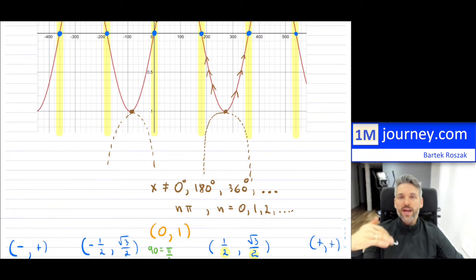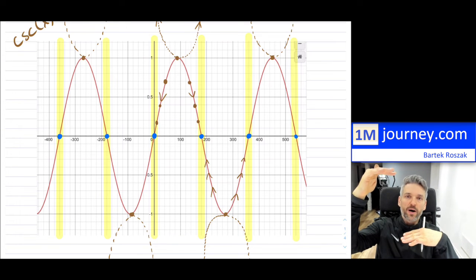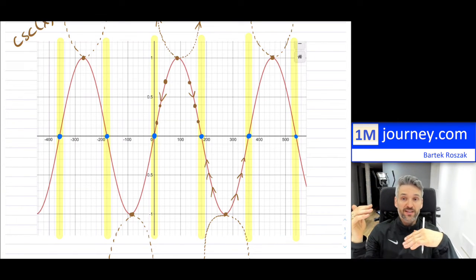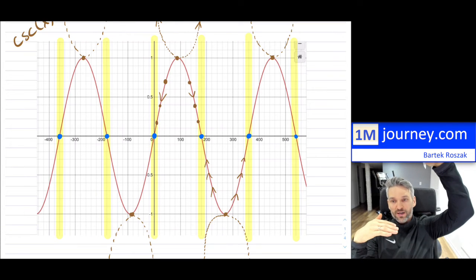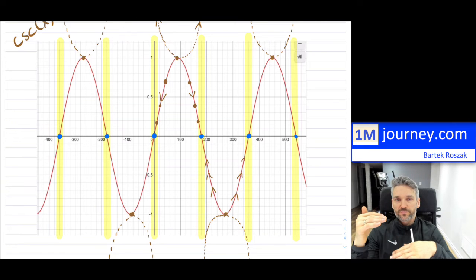Now, what about the range? Well, the range within our sine function is restricted between 1 and negative 1. But if you're looking at the range of your cosecant, you'll notice that it is everything above 1, or anything below negative 1.